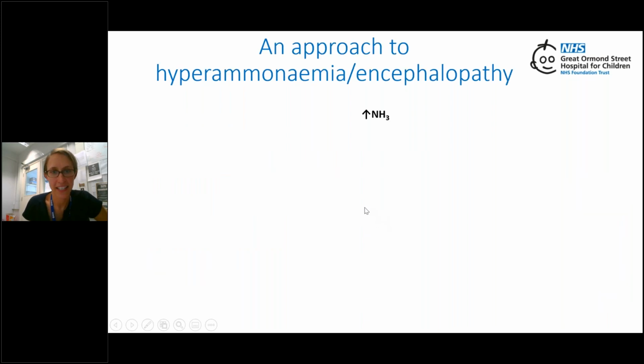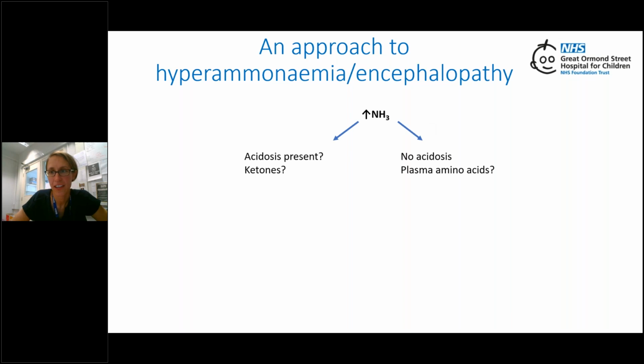I will come back to his investigations later, but at this stage I want to give you a simplified approach to the differential diagnosis of hyperammonaemia and how you can interpret the biochemistry and the various metabolic conditions. Whenever you have a raised ammonia, you can look at the blood gas and see whether there is any metabolic acidosis present or not.